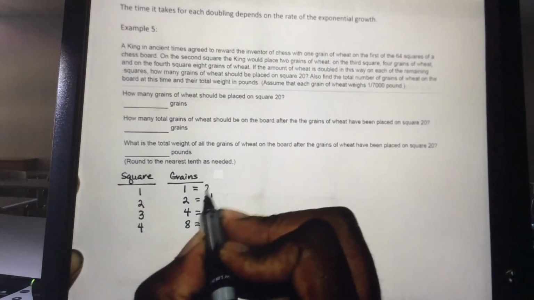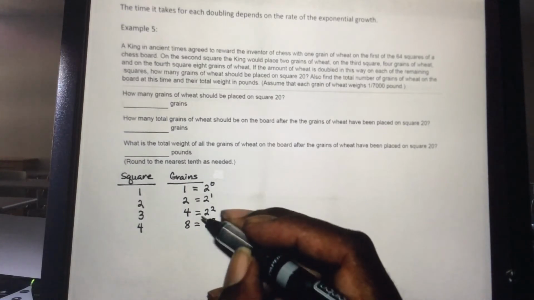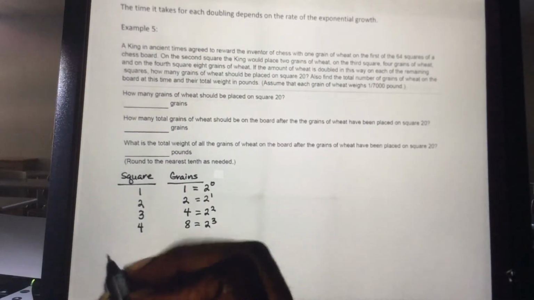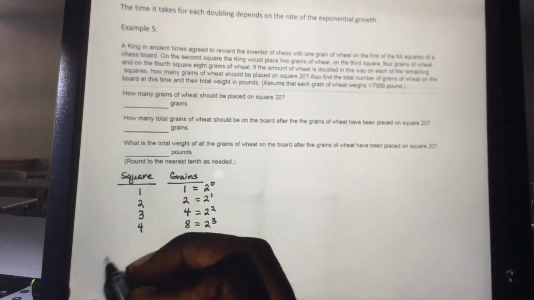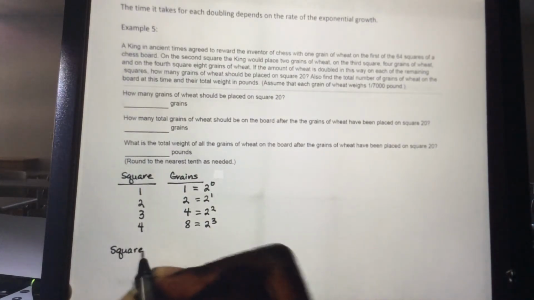The 1 is actually 2 to the 0 power. If you recall, any non-zero number to the power of 0 is always going to be 1. So I see this type of pattern going on here. Now I'm going to use that to find out the number of grains on square 20.